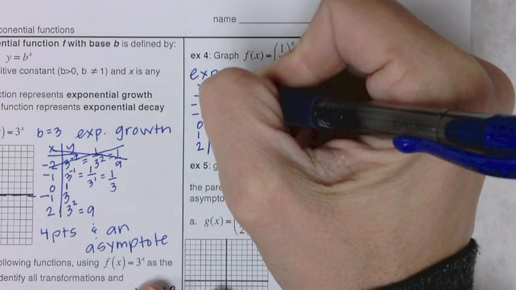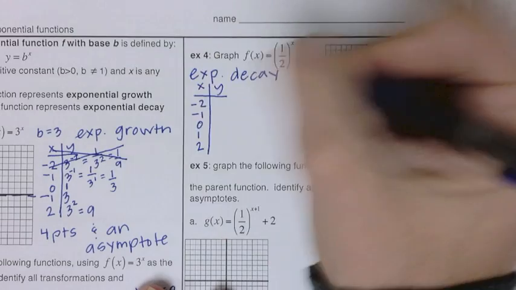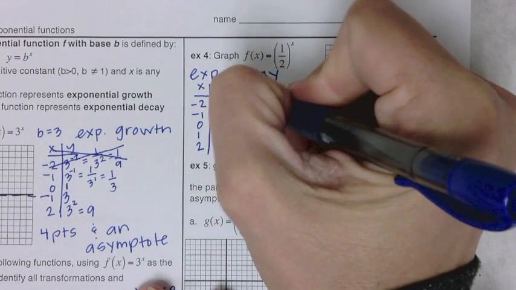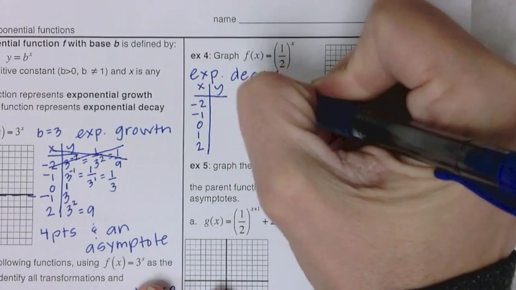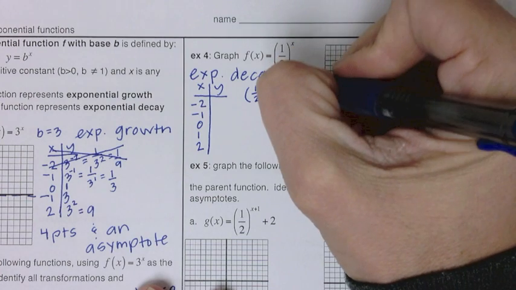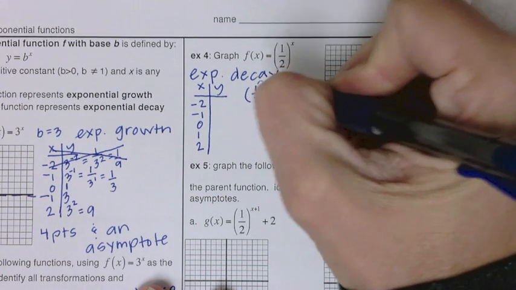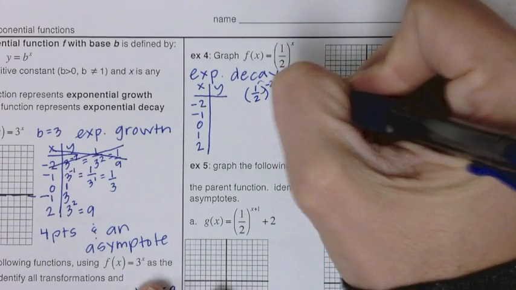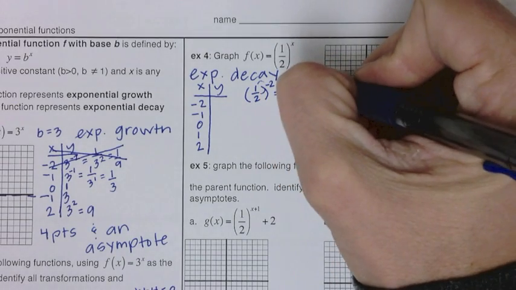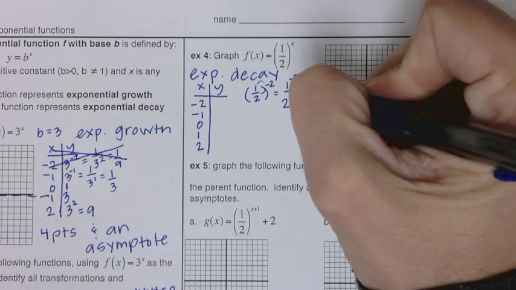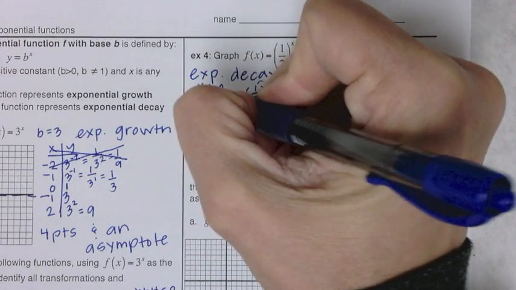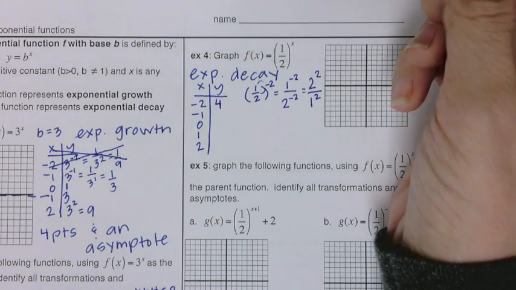So when you plug in -2, here's the math for that: 1/2 to the -2 equals, you can distribute the power here, so that's 1 to the -2 over 2 to the -2, and then you're going to need to flip that because they're negative exponents, and then you'll see that that's just 4. So that's the way you would go about it from there.